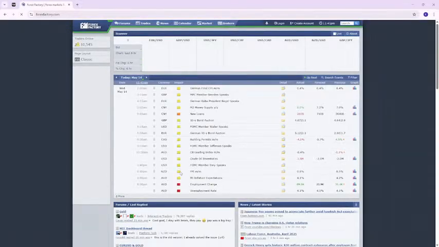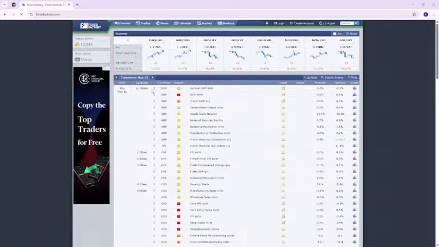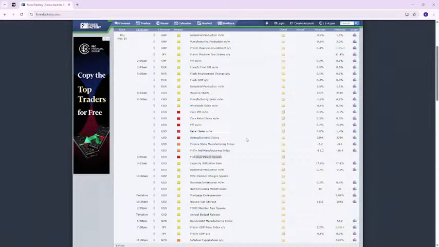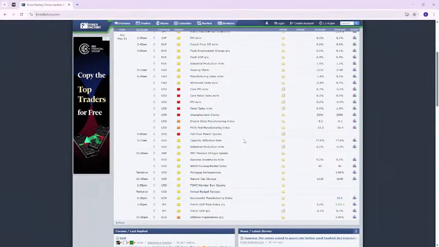So today we've got 15th May. At 2 a.m. we have GDP numbers coming out. At 8:30 we have core PPI, unemployment claims. 8:40 Powell is speaking. So there's a lot of space for movement today.